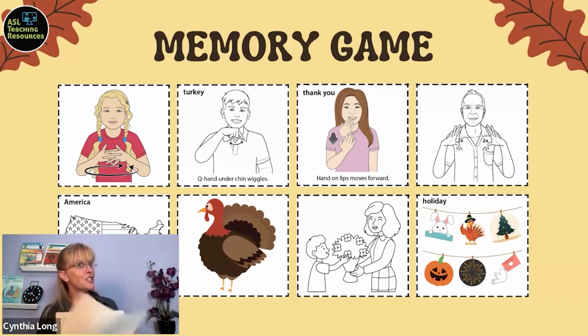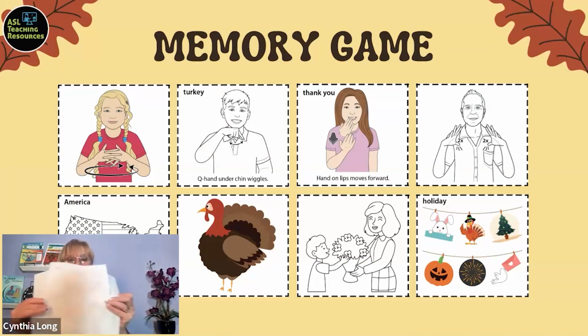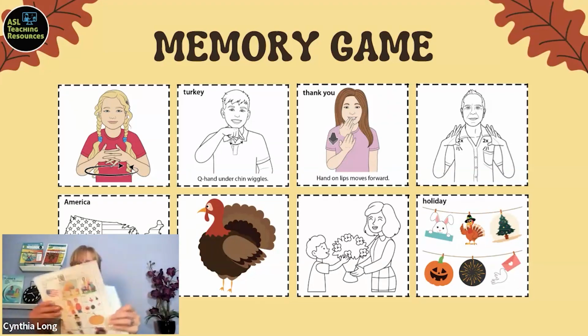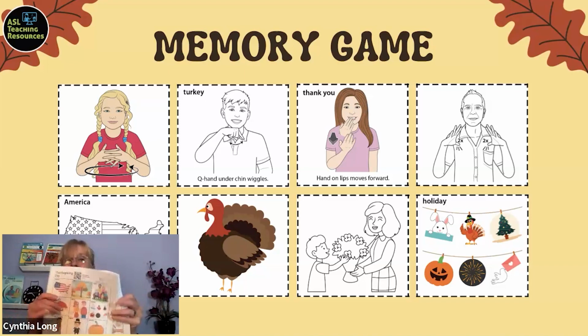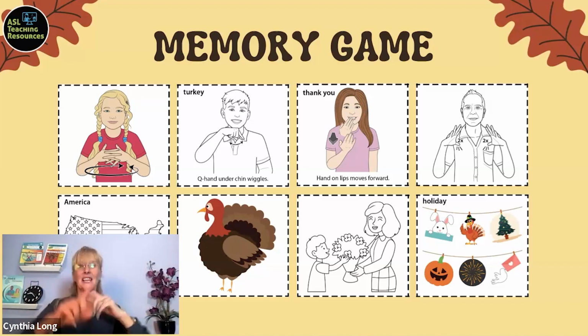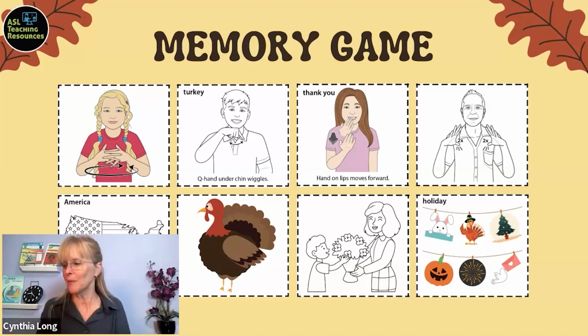And you could challenge the older ones and do one is a sign and the other is the icon, and so they have to match. They have to match with a sign and an icon instead of just a sign and a sign, or a picture and a picture, or word and word. So you can kind of mix it up to challenge depending on who is in your classroom or what kind of fun you want to play.